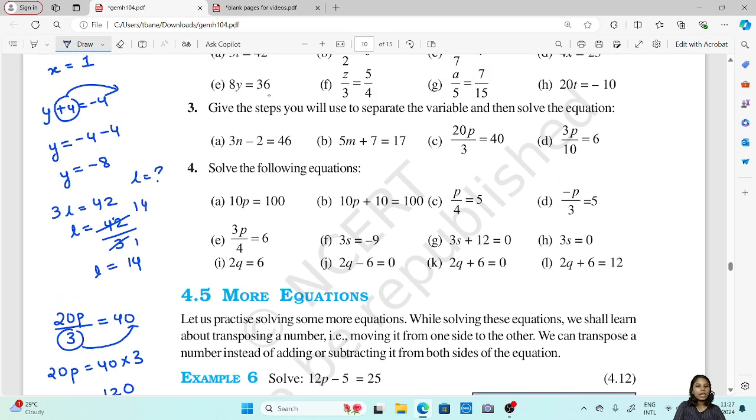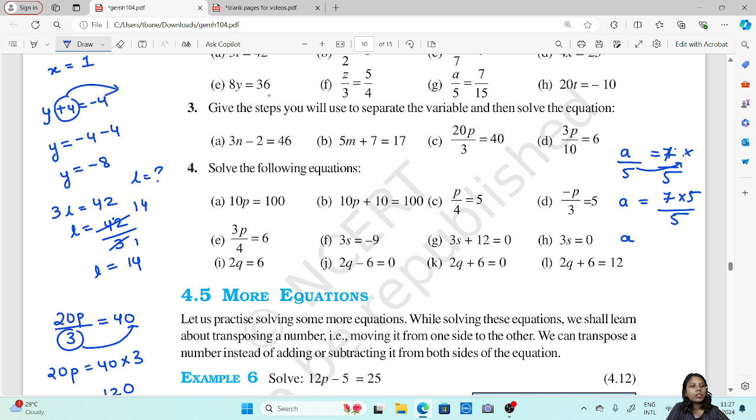Okay. Now say I have a upon 5 equals 7 upon 5. Now how do I solve this? I can take it directly here. This is in division, so if it goes here, it will become multiplication. So a will be equal to 7 into 5 upon 5.